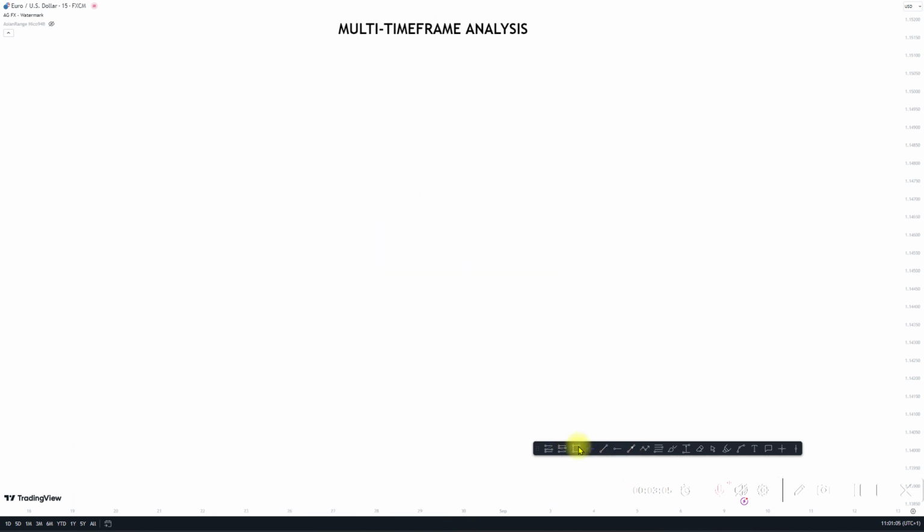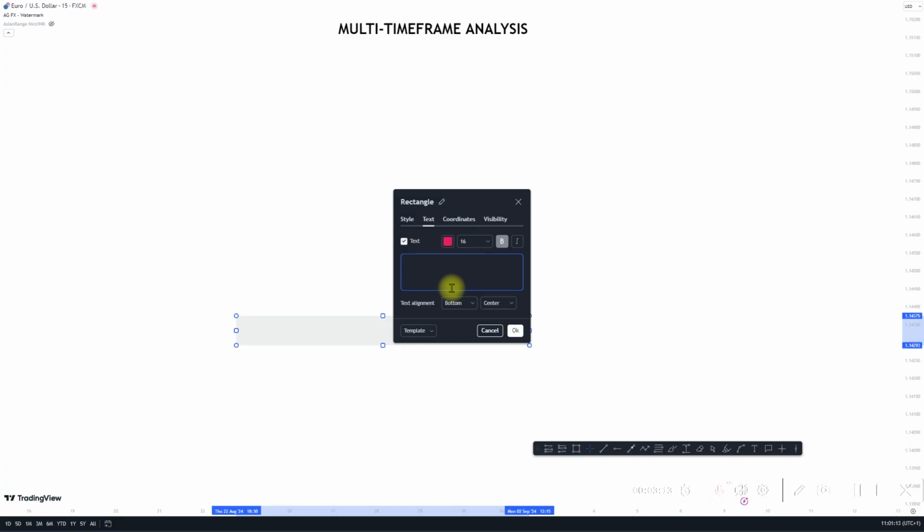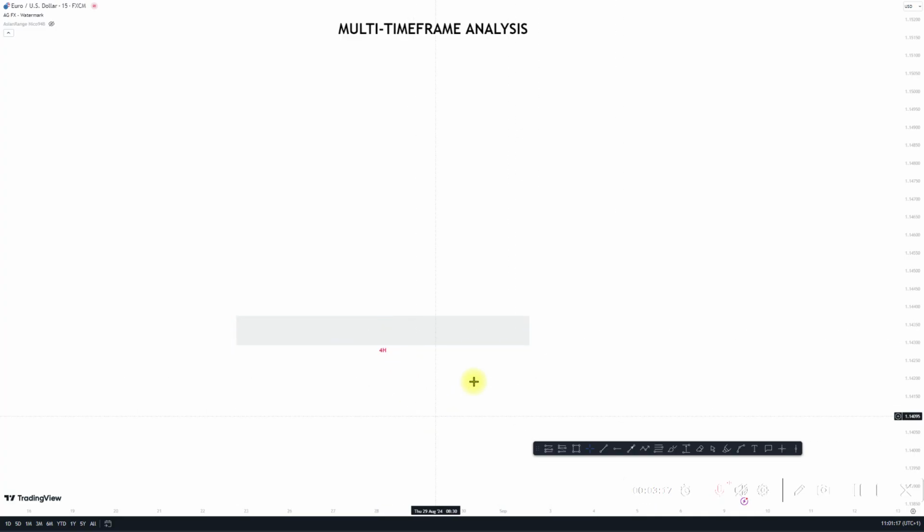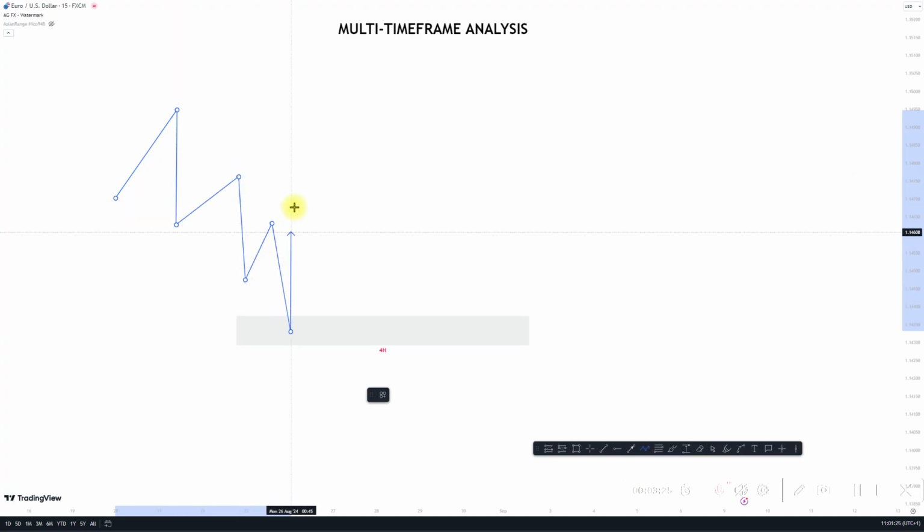So let's say I have a support zone. I have this kind of support zone, and let's say this time frame is the 4 hour. Okay, this is a 4 hour time frame, right? Now the market has been doing this, so it started doing this, saw a reaction from here, it started buying again, it came another time, right?